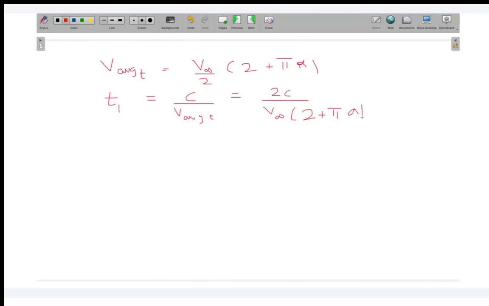And now if you were to find out what is the average velocity at the bottom, v bottom, again we have to perform this integral.